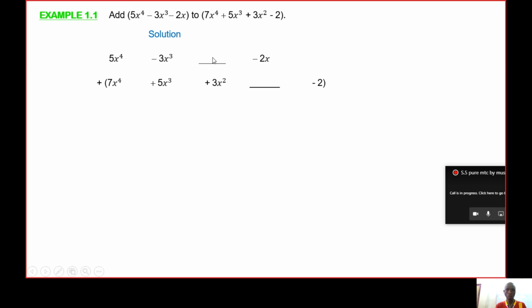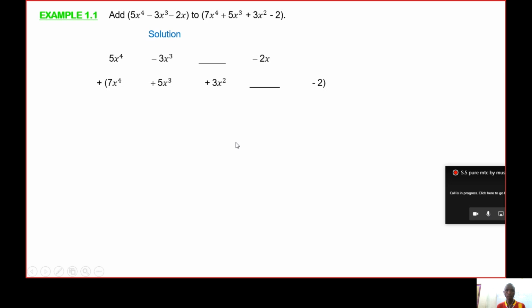You write it just below the dash on the upper polynomial. Then after x squared, you come to x. But in this polynomial, x is not there. So leave a dash. And then the constant is -2. So I end with -2.